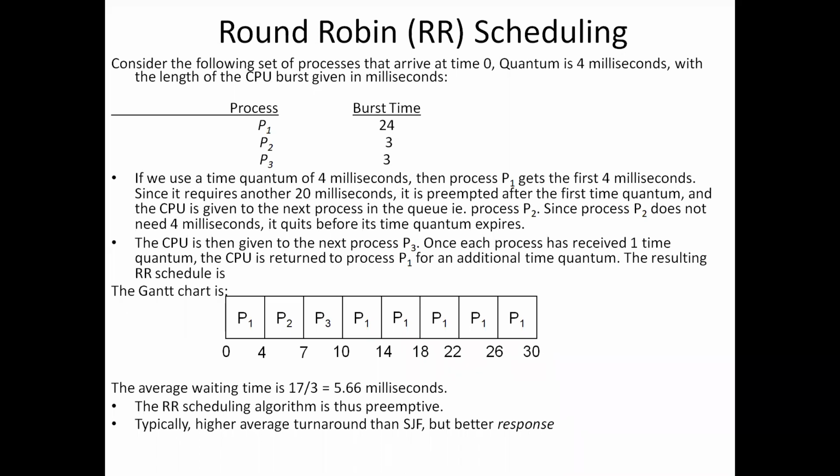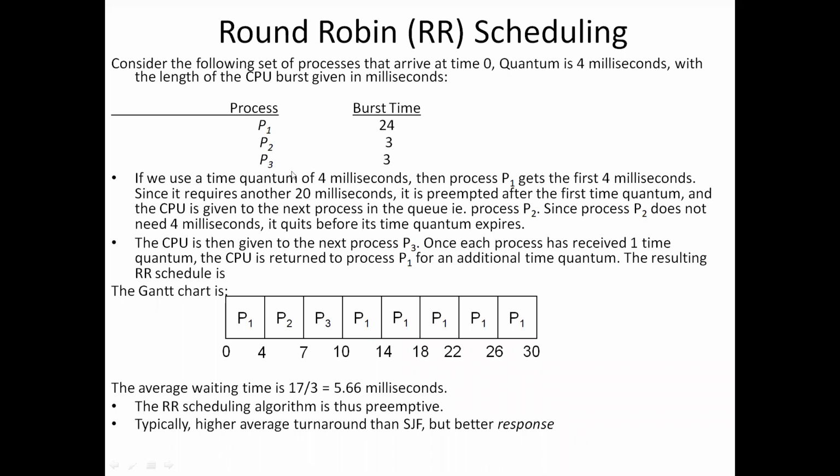If we use the time quantum of 4 milliseconds, then process 1 will get the first 4 milliseconds.